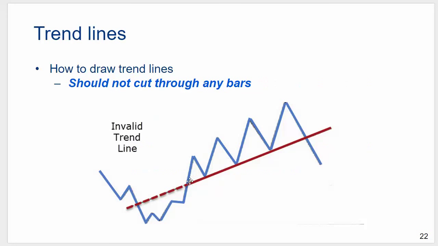And here we have an example of a common mistake that's made. We have a line drawn through these troughs here, describing some sort of trending price action through here. This is not a trend line. This is actually what's called an internal trend line. Edwards and McGee don't describe this as a trend line. They describe it as an internal trend line. It shouldn't actually be called a trend line. It should be called an internal trend line.